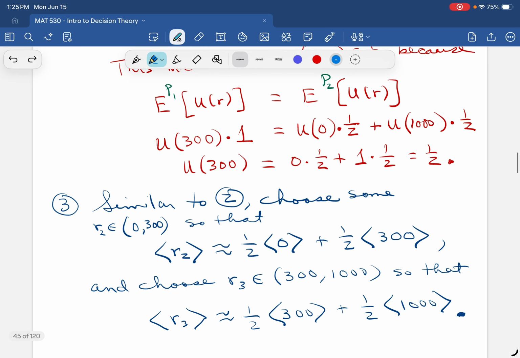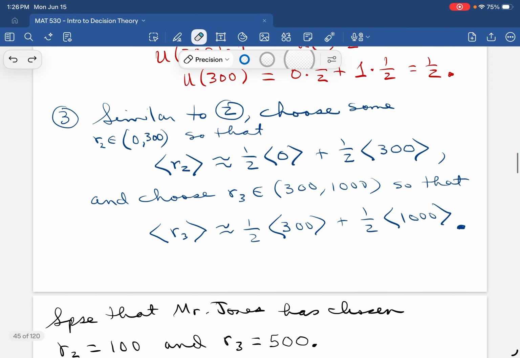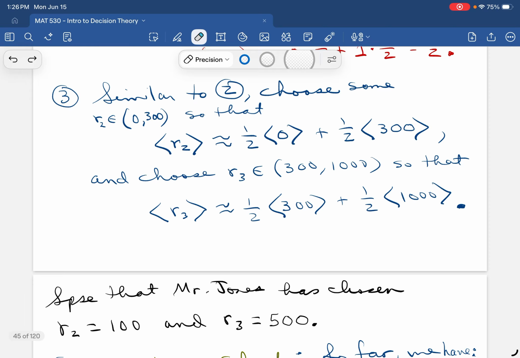And then we also need Mr. Jones to answer the question, what if you had a 50% chance of winning $300 versus a 50% chance of winning $1,000? How much money would it take for you to say, I value that gamble exactly the same as it? Whatever number he chooses, that's going to be R3. So let's say that he's chosen R2 to be 100 and R3 to be 500.